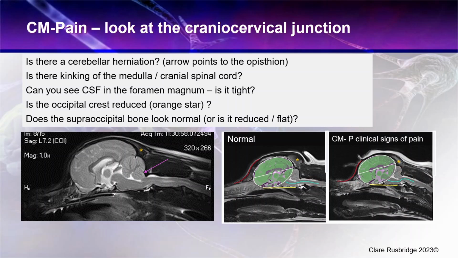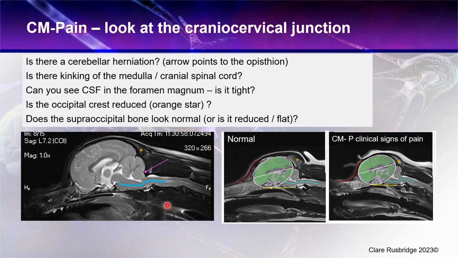Is there kinking of the medulla, which is here, and the cranial spinal cord, sort of indicated by these blue arrows here? And we can see, well, actually, a little bit, not too much in this case. And that's quite important, because that kinking and overcrowding in that area is associated with risk of syringomyelia. And so we'd actually expect, if it was very kinked, to see a big syrinx in this dog. Can we see CSF that's in the foramen magnum?